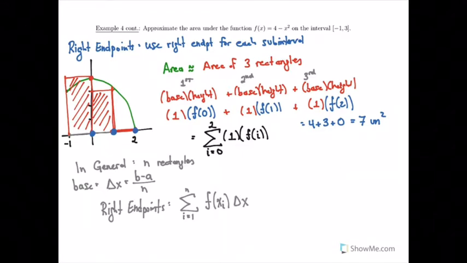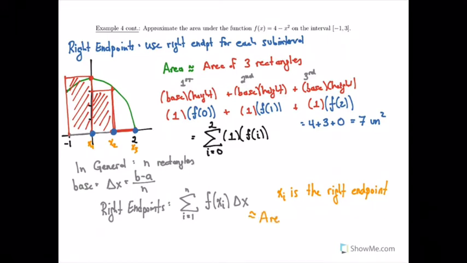In this case, x sub i is the right endpoint. So in our example here with n equals 3 rectangles, this would be x sub 1, this would be x sub 2, this would be x sub 3. All right, this would be the right endpoint, and this would approximate the area.